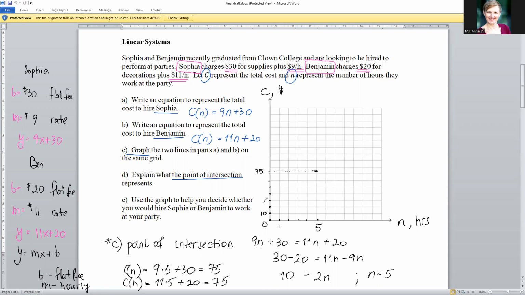That's 75. Now Sophia's graph starts at 30, just here, and I should draw a line for Sophia starting at 30, going through this point. And Benjamin's line should be starting at 20. That's Sophia, in pink.